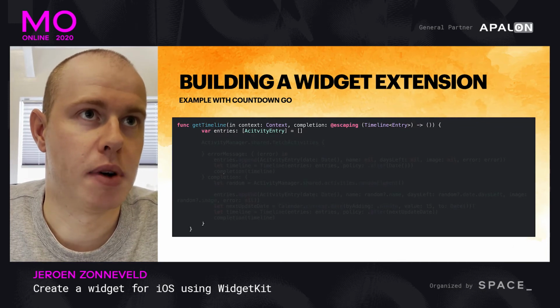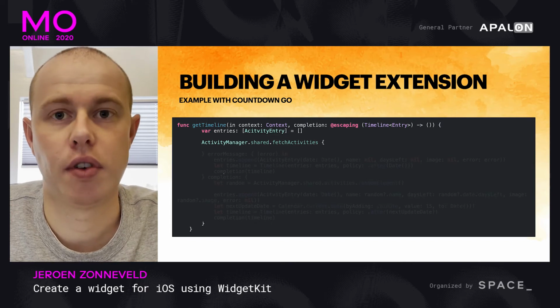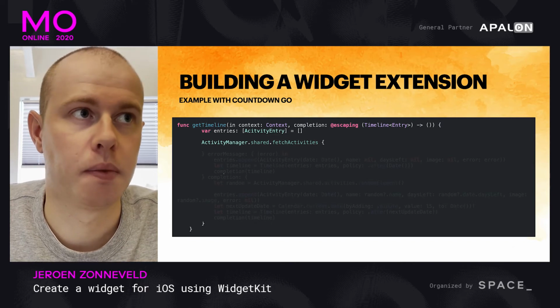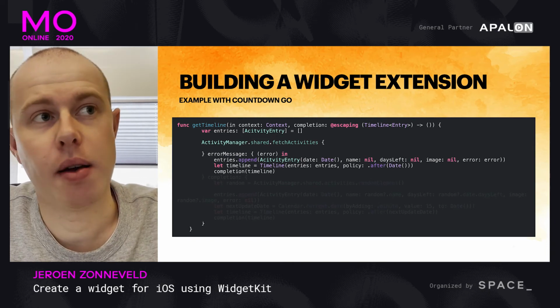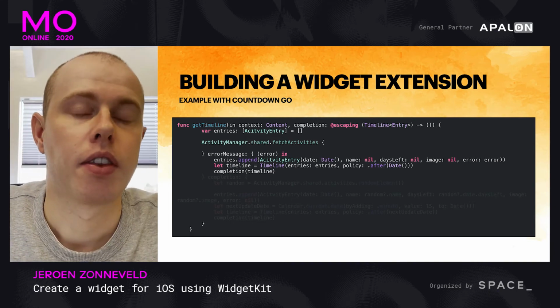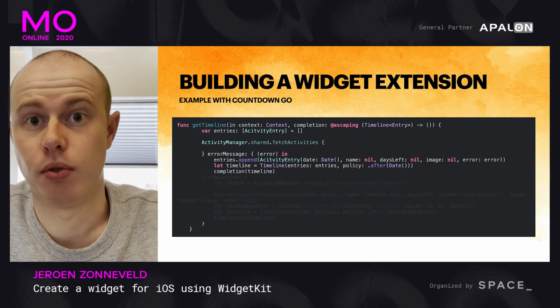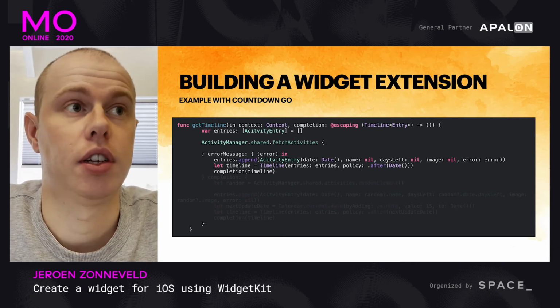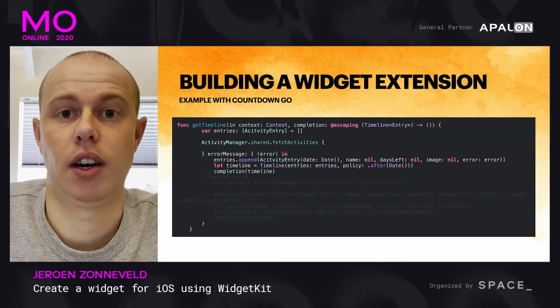And next, my timeline. My timeline first is fetching the activities from CloudKit. When it is done, I may have an error message, or I may have the list of activities. For example, when the user didn't give access to CloudKit, I'm not able to get those activities. So in that case, I want to show the error to the user that it needs to enable CloudKit.